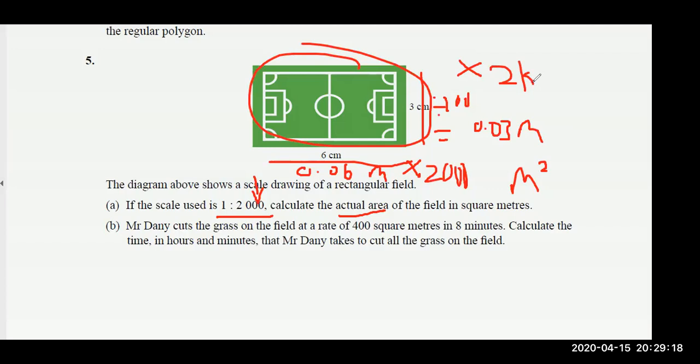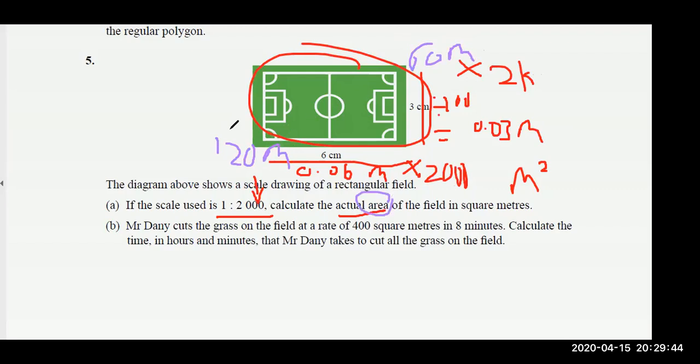So what do you get? 0.06 multiply 2000, so this one is 120 meters. And then the other one 0.03 multiply 2000, so this one is 60 meters, right? So you need to find the area.